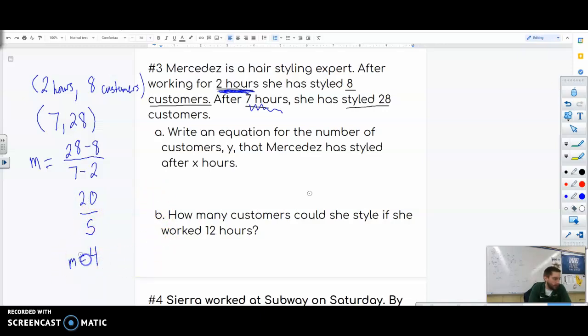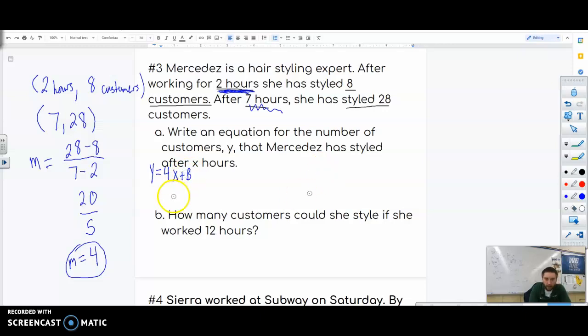Okay, great. So 4 is my slope. That's a great start. So right now I have y equals 4, my m, x plus b.